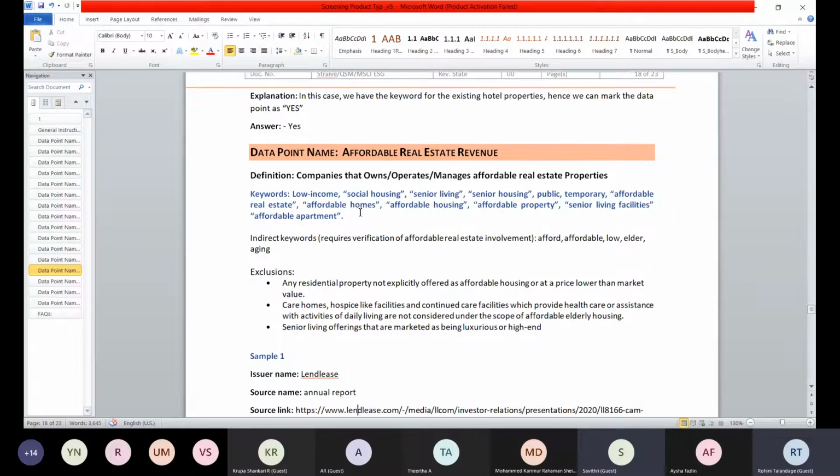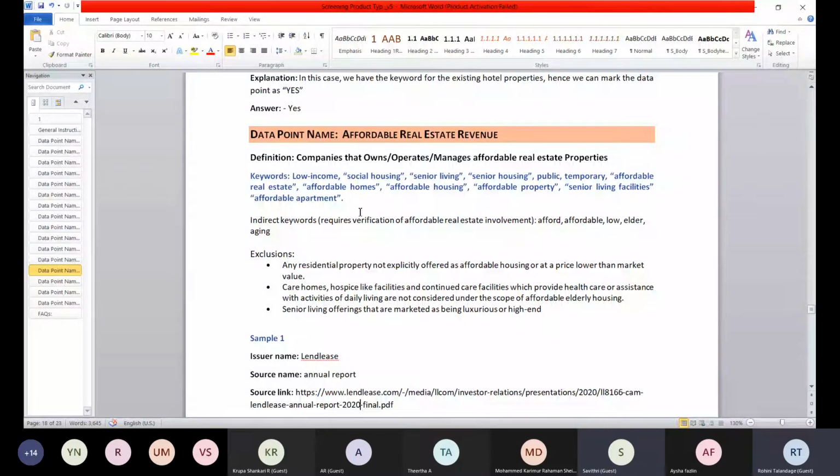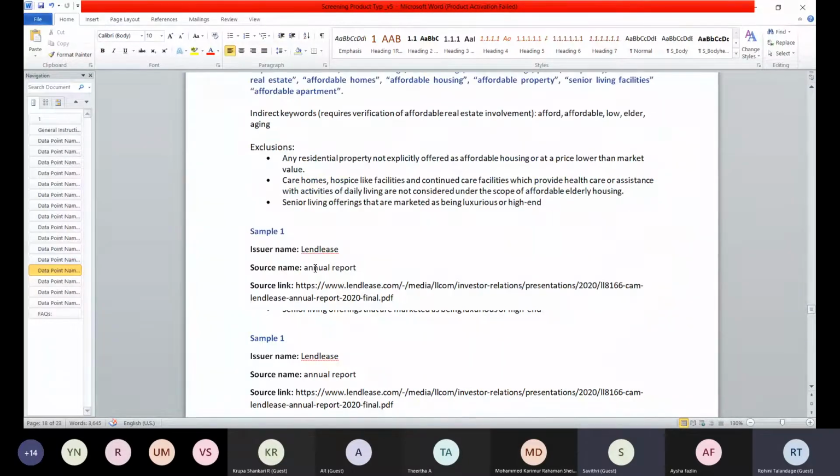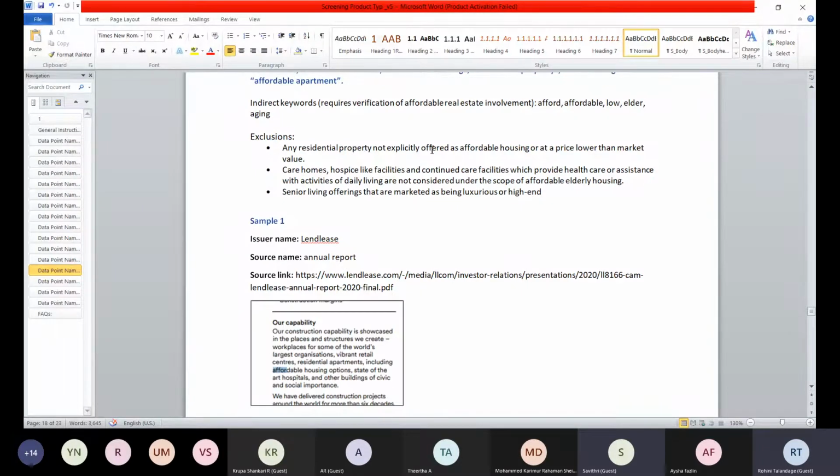So in this case, you need to check whether they are providing affordable housing services or how. You need to make a difference on it, like how they are providing. Here we have some exclusions, like any residential property not explicitly offered as affordable housing. As I said, we need to check whether they are providing affordable housing services or not, then only we have to mark it as yes.